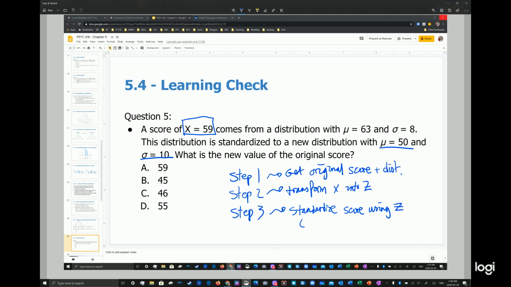So this is like your get x from z using the new mu and sigma. Okay, so give that a try. Again, first get your original score from the distribution, from which you'll be able to transform the x value into a z-score, and then you'll be able to standardize the score using the z-score you got and getting the new x with the new mu and the new sigma from that standardized distribution. So what would that be?